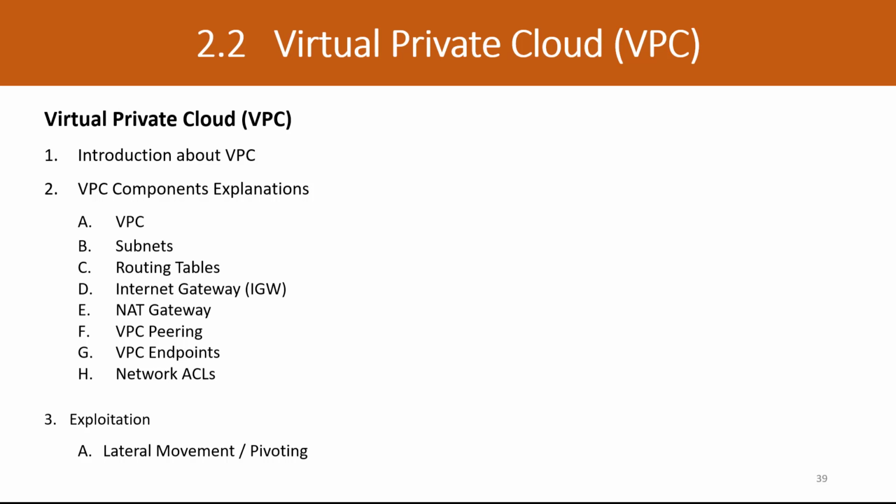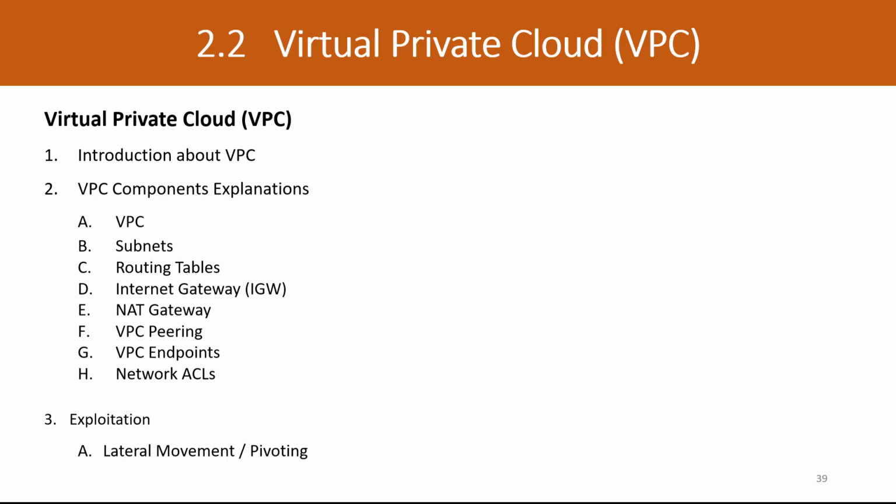Basically, it's similar to having your infrastructure on-prem. You have a router, VLANs, a subnet, an internet gateway, a NAT gateway, access controls and all these things. The same thing you can replicate in the cloud. So VPC provides a way to set up your infrastructure in the AWS cloud.